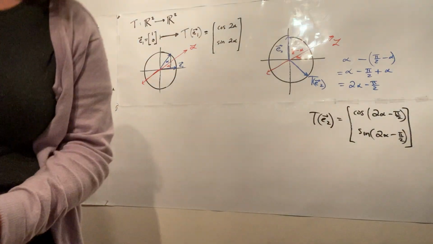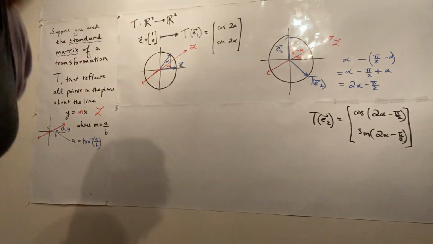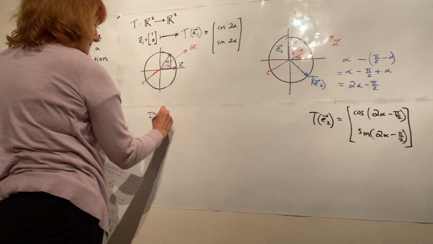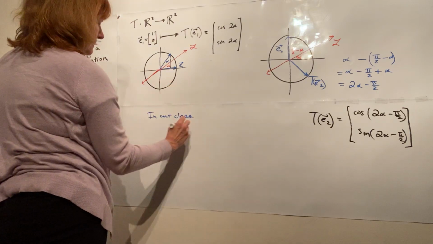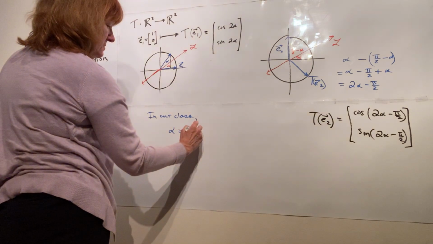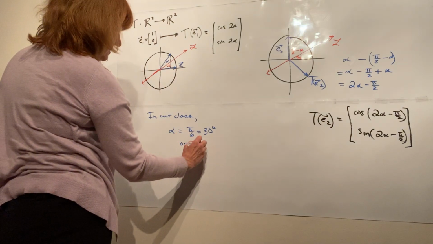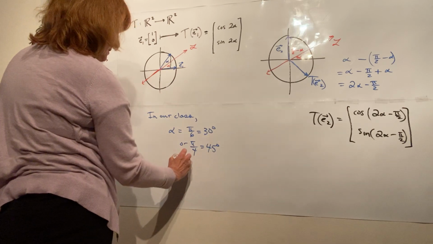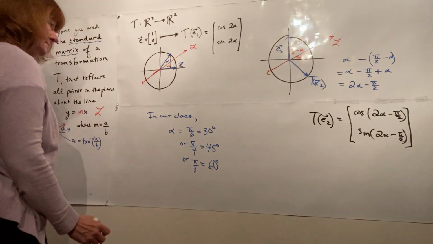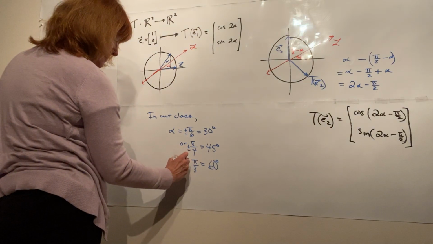So you're really only going to be seeing, in our class, alpha equal to, say, pi over 6, which is 30 degrees, or pi over 4, which is 45, or pi over 3, equal to 60 degrees, or their opposites, plus or minus.